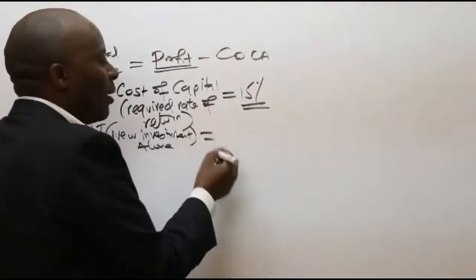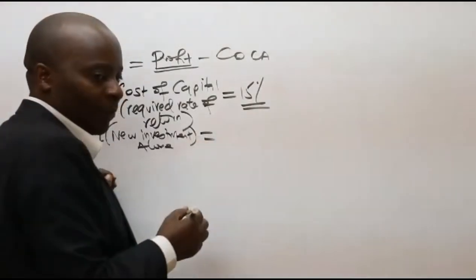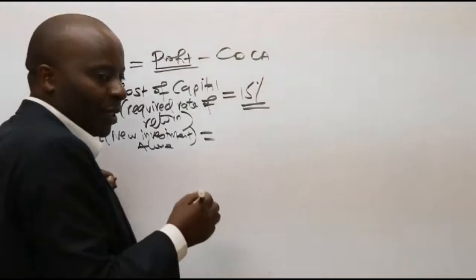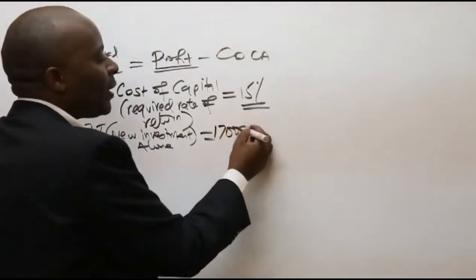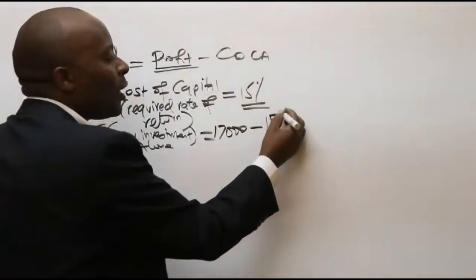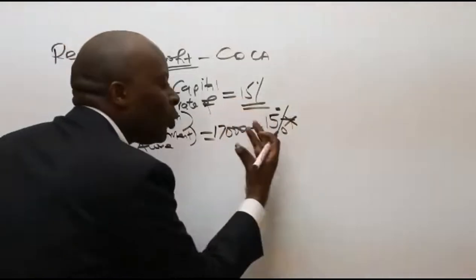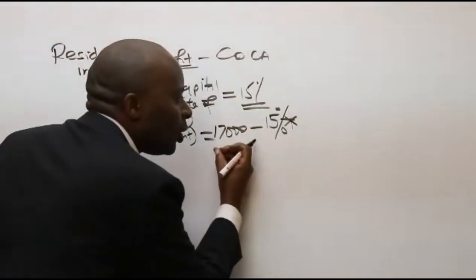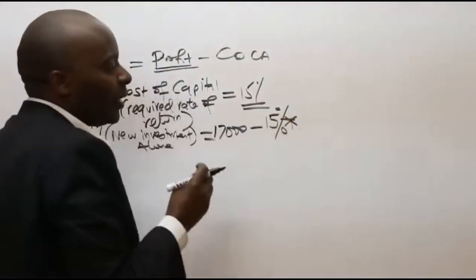The profit of the new investment is 17,000, minus the cost of capital. The cost of capital is 15% of the capital to be invested in the new investment.